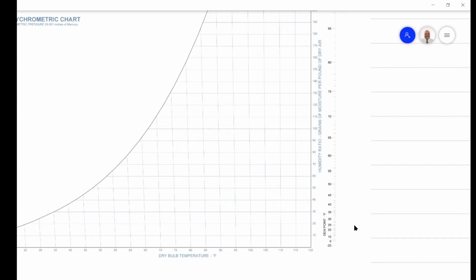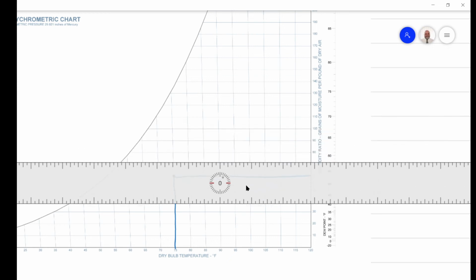So, for example, if we have 75 degrees dry bulb and 60 grains of water, and we consider this to be our state point, one might ask what the dew point of this state point is. You can measure the dew point in a couple of ways.